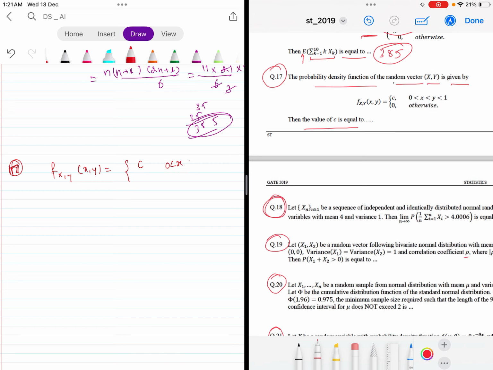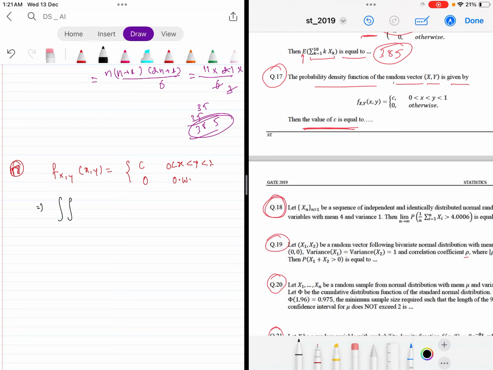We have to find the value of c. So you have to make use of the property of the density function, right? If you integrate through the complete interval, then the probability density function will add up to 1, right?